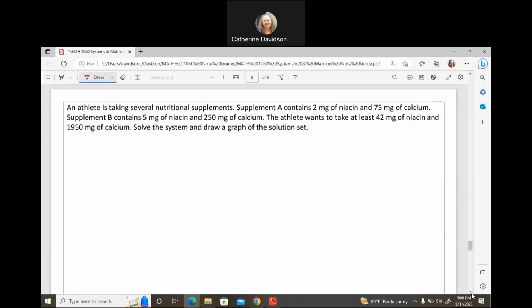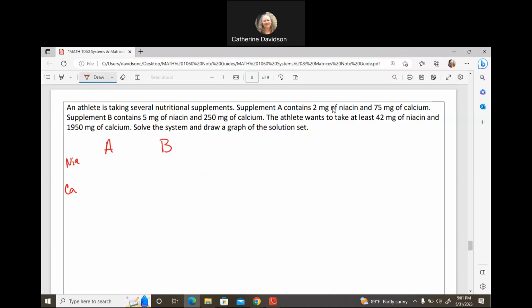Okay, so we have supplement A and supplement B. Niacin and calcium.